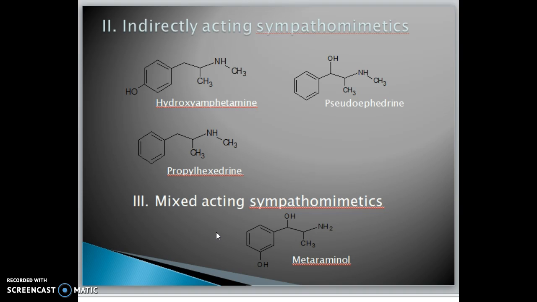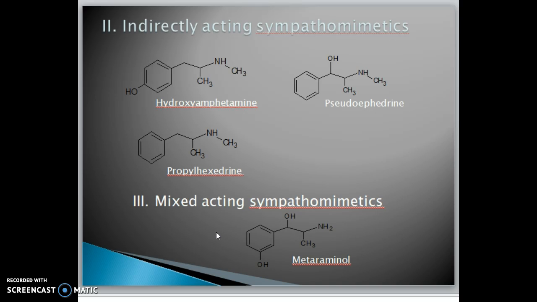Moreover, if we observe carefully, there are substitutions on the ethylene chain, especially alpha substitution, alpha methyl substitution, and in the case of pseudoephedrine we can find a beta hydroxy group. Because of this alpha methyl substitution, they have an indirect acting effect at the adrenergic receptors.